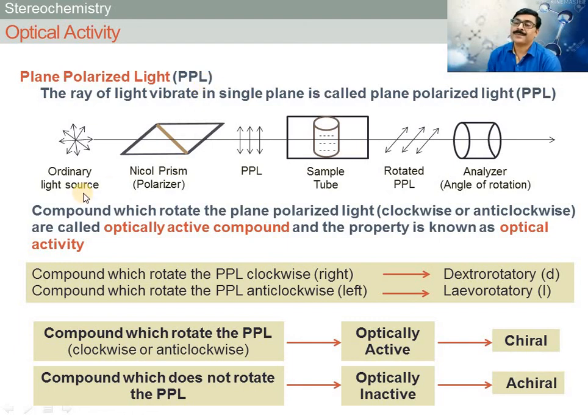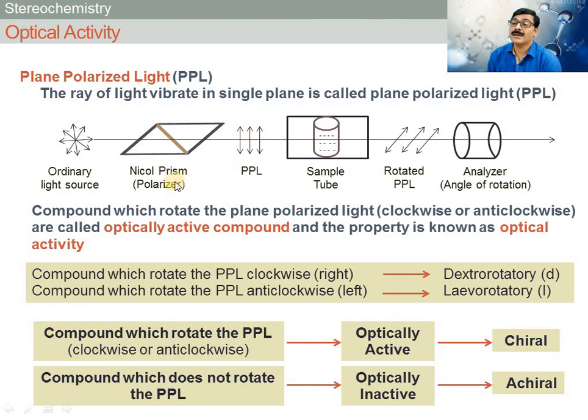Friends, we know that the ray of light coming from the ordinary light source, for example the sun, is vibrated in all directions, means the ray of light vibrates in all planes, and if such type of rays is passed through the polarizer, then the transmitted light has rays vibrated in a single plane.